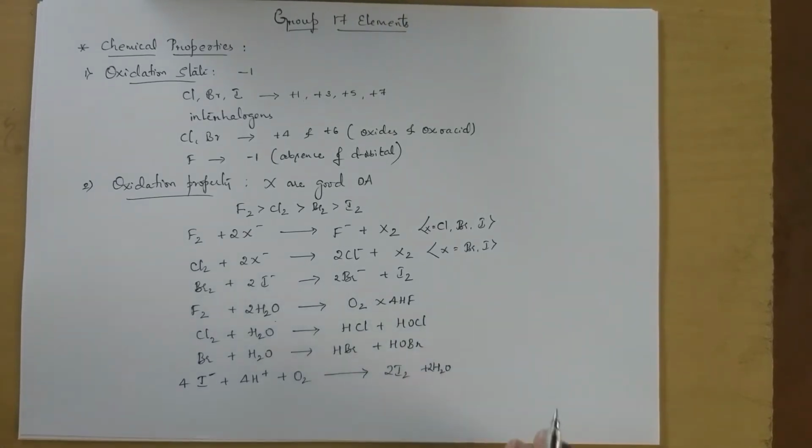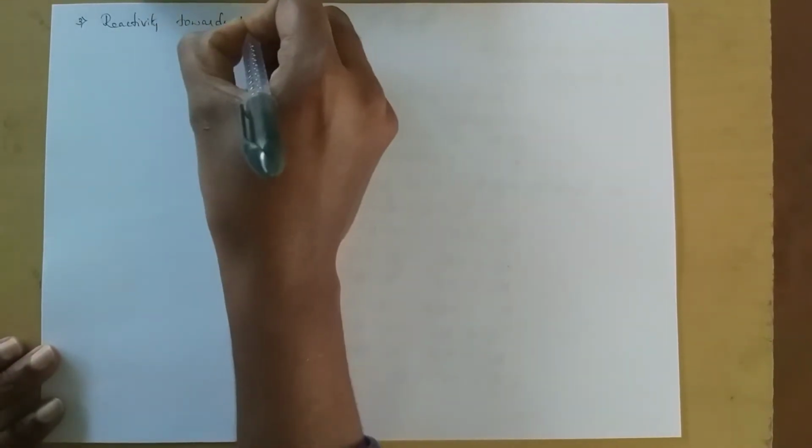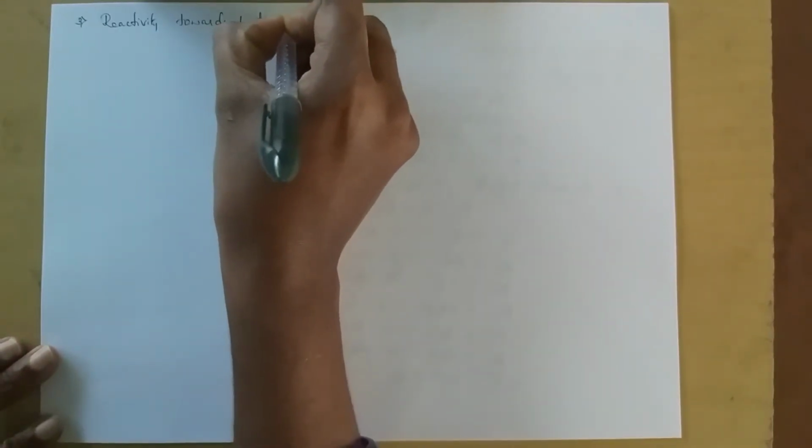So this is about the oxidizing nature of halogens. Next we have reactivity towards hydrogen. How these halogens react towards hydrogen. Usually halogens react with hydrogen to give the respective hydrogen halides.